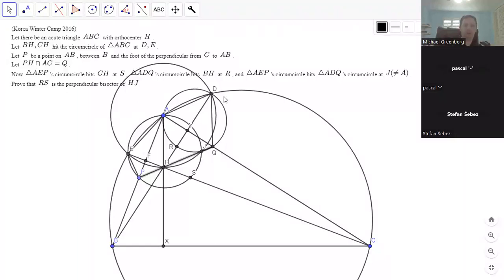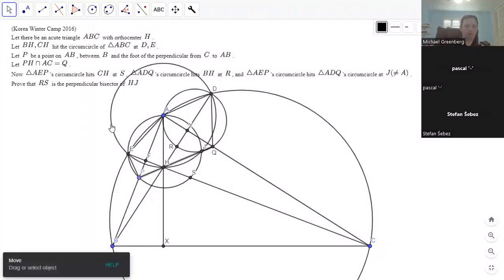But if you reflect ADQ over AQ, you get AHQ, and if you reflect AEP over AB, you get AHP, and those add to 180. So yeah, these concur on PQ. And then this circle exists.